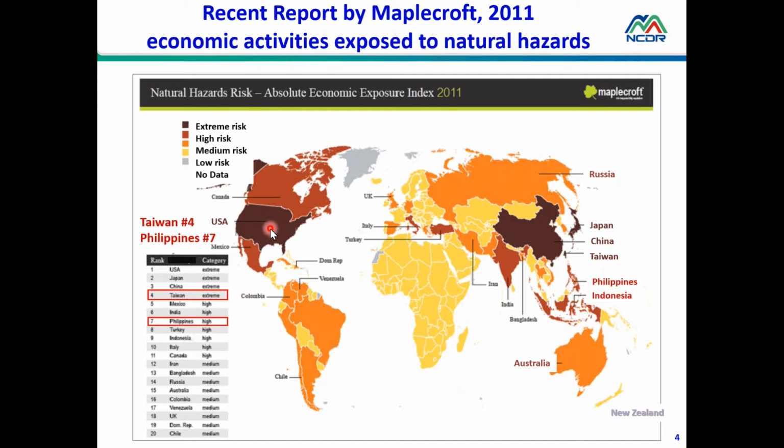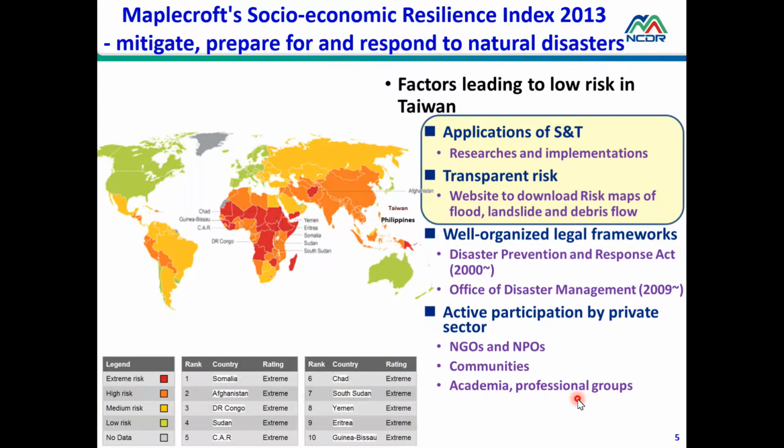Number 1, United States. Number 2, Japan. Number 3, China. And number 4, Taiwan. So for this reason, in Taiwan, we have to put our attention on disaster risk reduction to enhance resilience. Otherwise, the major economic income of Taiwan may be interrupted by natural disaster.